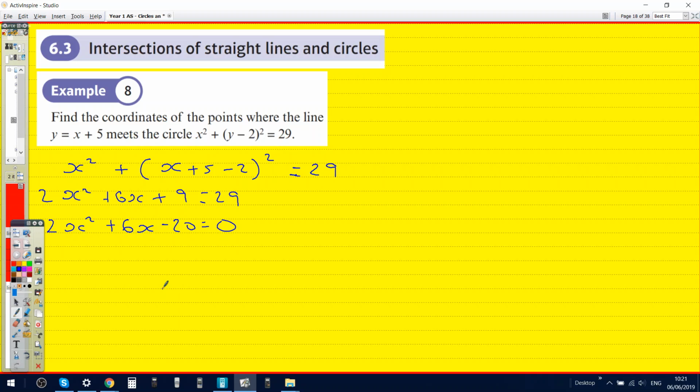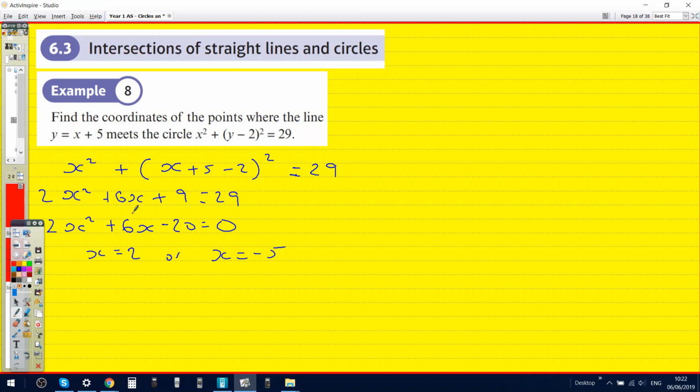Yeah, quadratic. So I got 2 and minus 5. So x equals 2 or x equals minus 5.